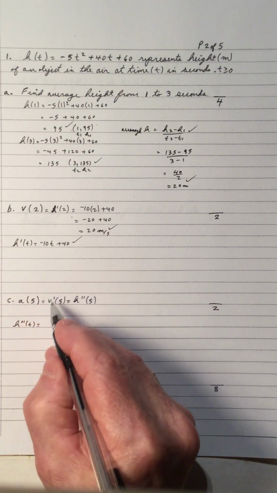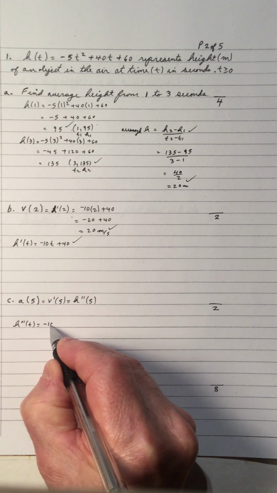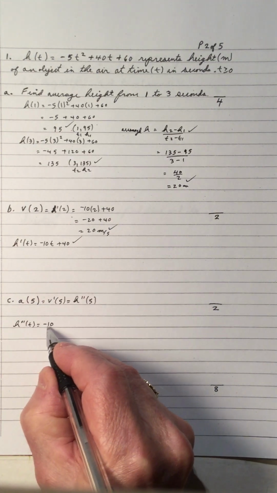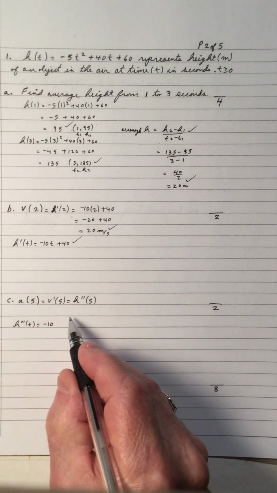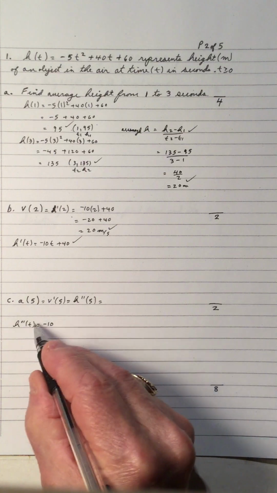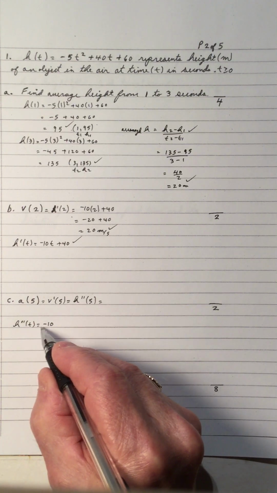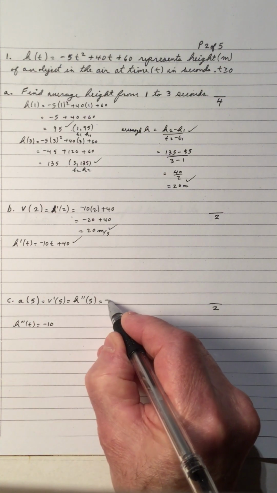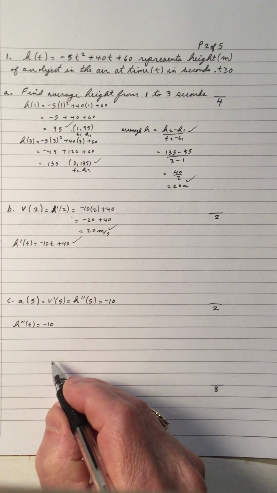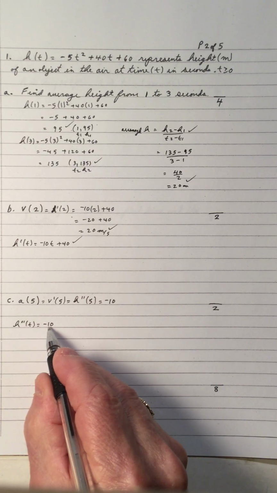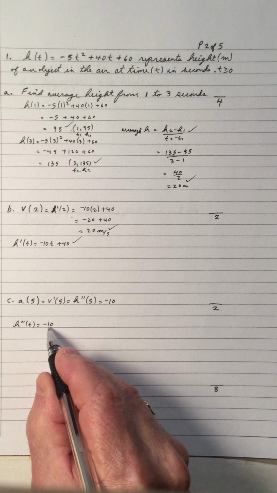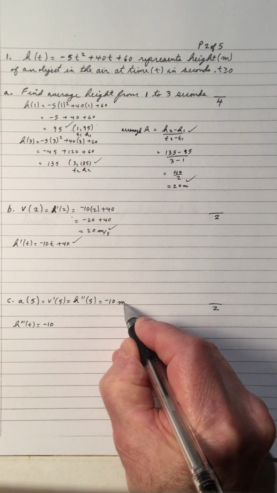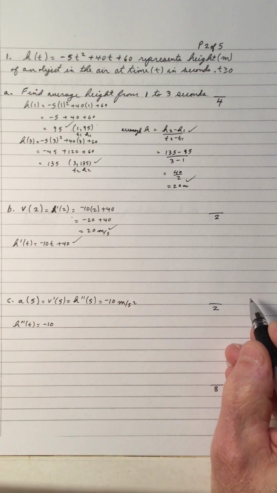So the derivative of negative 10t is negative 10. Derivative of 40 is 0. So we get negative 10. At 5 seconds, because this is a constant, it's not going to change. So we could just get a negative 10 no matter what time you put in here. The acceleration is negative 10 meters per second squared.